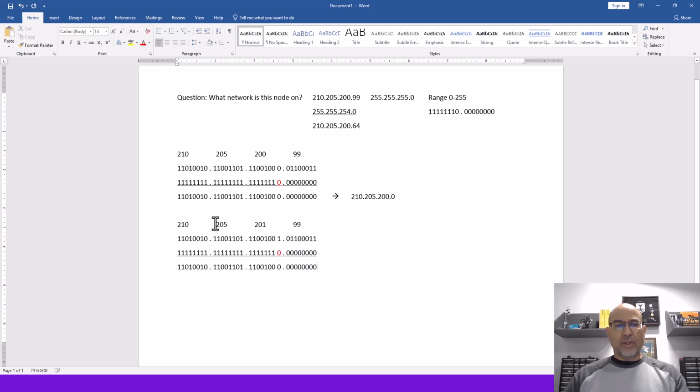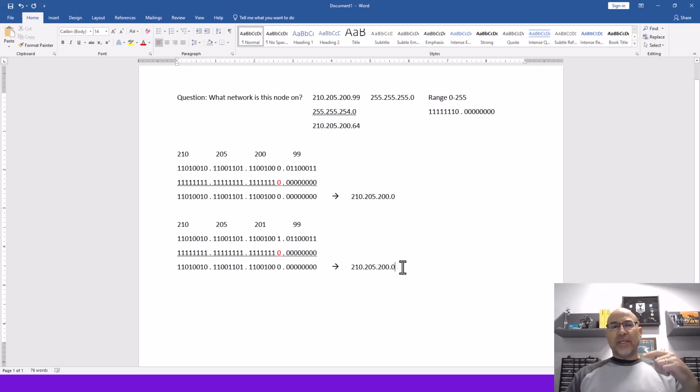So now 210.205.201.99 is also on the 210.205.200.0 network, which means that when I do the ANDing process, the range of addresses has now changed to at least twice the size of the address space.